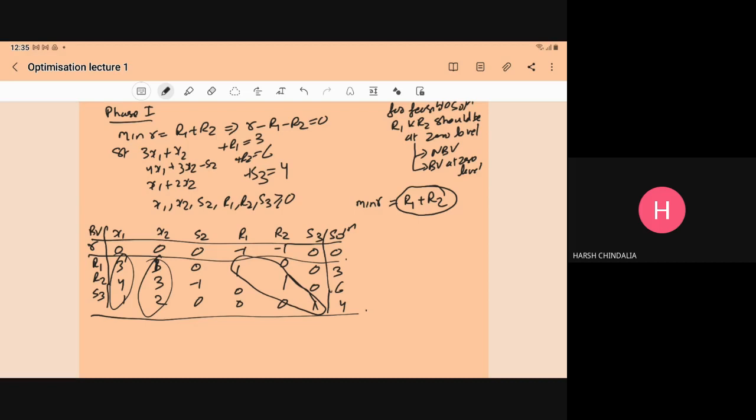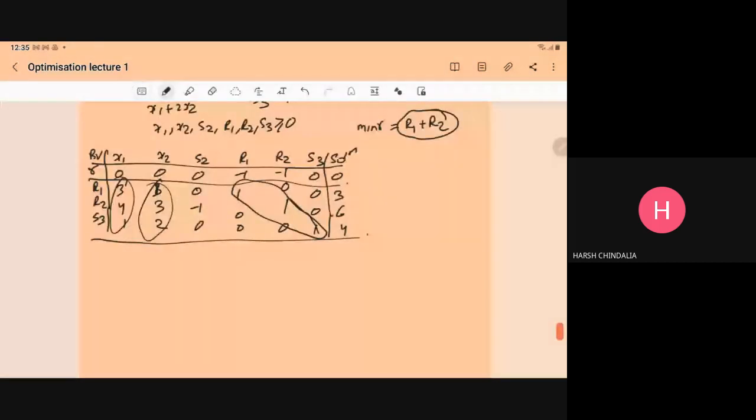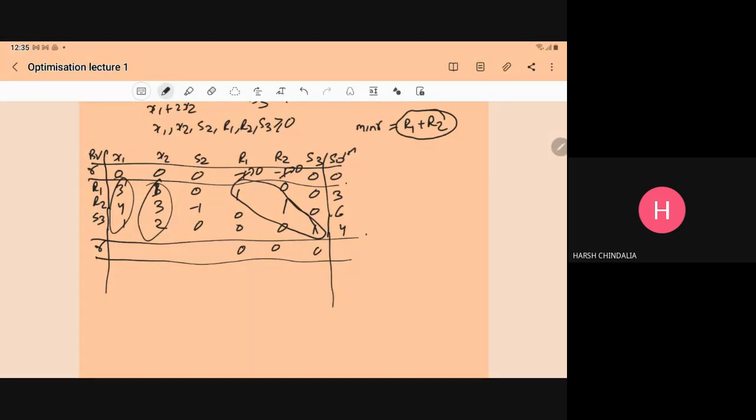So now this table is not a consistent table. So we make it consistent by making these two 0. So it should be 0, 0, 0. Then 1, 0, 0, 0, 1, 0, 0, 0, 1, and on the right hand side we have 3, 6, 4.